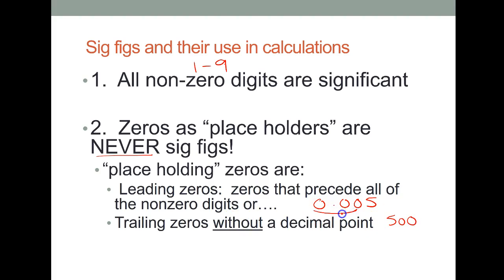These are leading zeros. These are trailing zeros. This is 5 over 1,000. That's why it's considered to be non-significant, because all it is telling you is the magnitude of that 5. Well, the same thing here. This is 5 times 100. Again, it's a magnitude. It doesn't tell you anything about the sig figs, though.